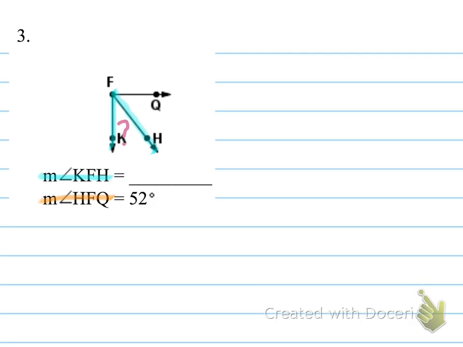Again, put your other colored pencil on the letter H, trace to F, and then to Q. That angle is HFQ, and we know it is 52 degrees. So the first thing you need to do is label your picture.